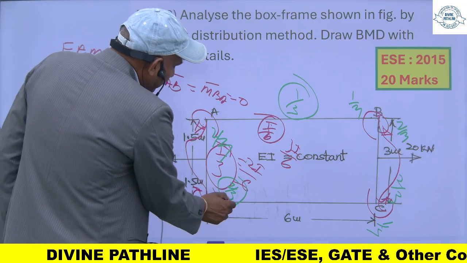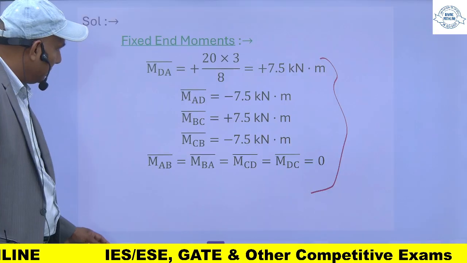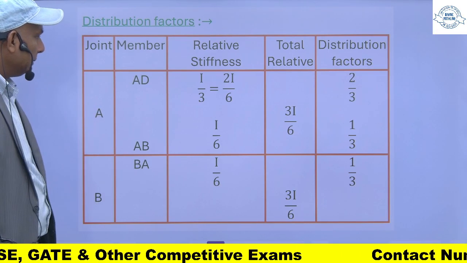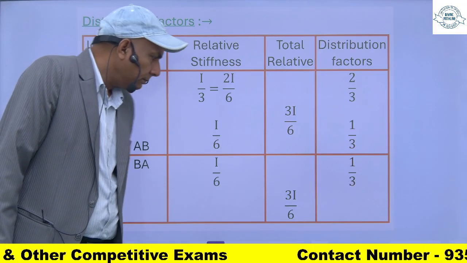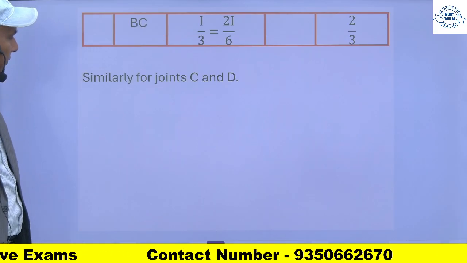And this is 1 by 3 and 2 by 3. So only for one joint you can find the distribution factors. So for A, you can find like this distribution factor. Similarly for joint C and D.